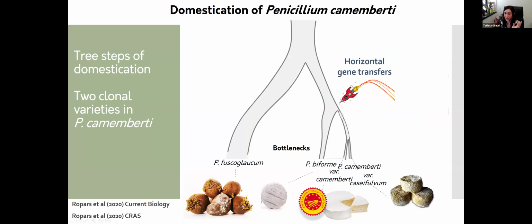And so the history is more like that, with Penicillium fuscoglaucum, a lot of diversity, and Penicillium biforme used to make goat cheese, still a bit of diversity, a bit of blue-green, and a selection for a white strain with almost no diversity, just a few SNPs, but still two varieties that have different color and slightly different traits, with very few SNPs between them. And the same horizontal gene transfer as Penicillium roqueforti just before the selection.